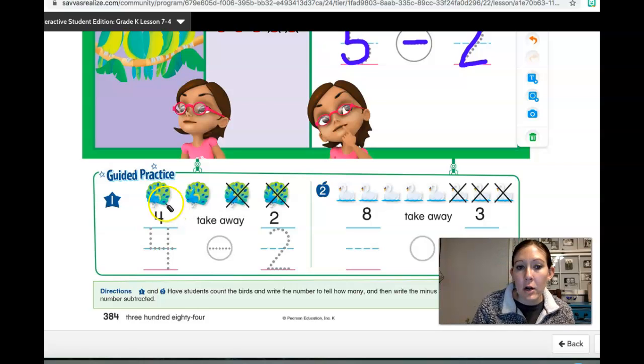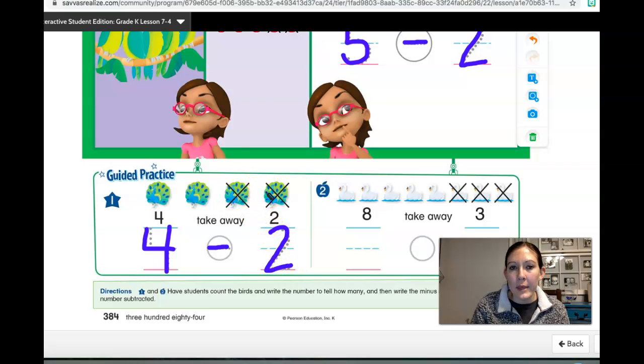Look how many peacocks there are in all. 1, 2, 3, 4. 4 peacocks. Take away. We write the minus sign for take away. 2. This shows the 2 peacocks that are being taken away from the group of 4. 4 take away 2. We write that as 4 minus 2.